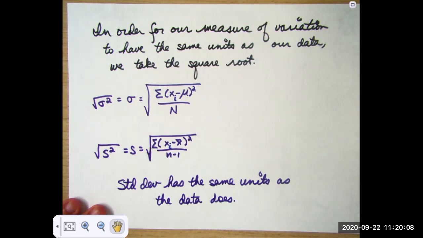If our data set was a sample, we would take the sample variance, take the square root of it, and that would give us our sample standard dev. So a standard dev always has the same units that the data does. So in that first example I gave, the units were, let's just say, feet. Our variance was 6 feet squared. So our standard dev would be root 6 feet.